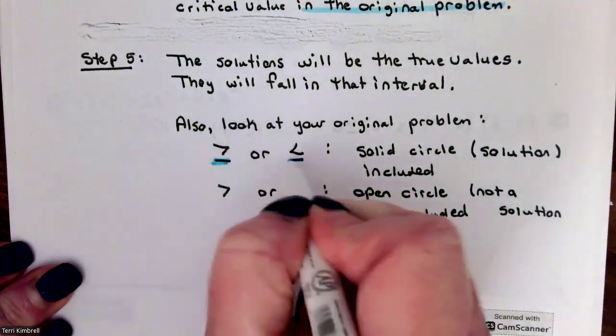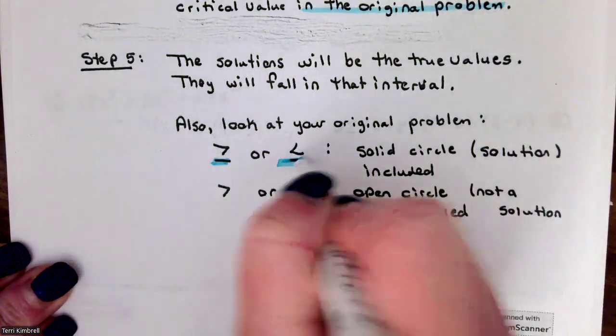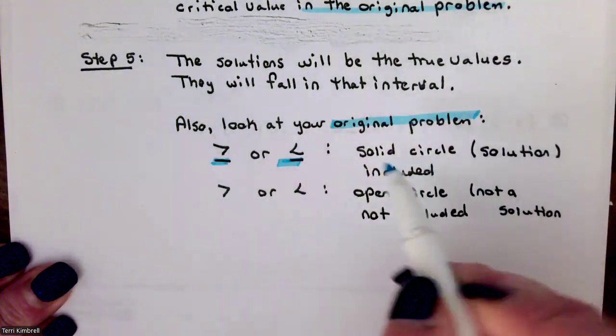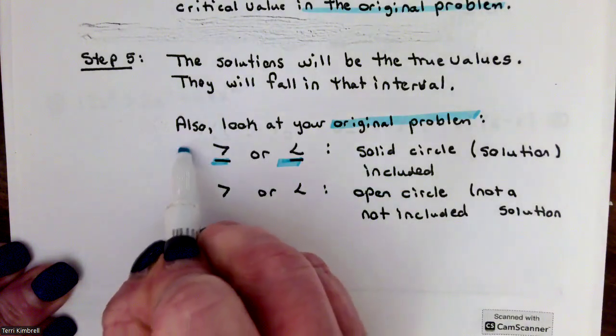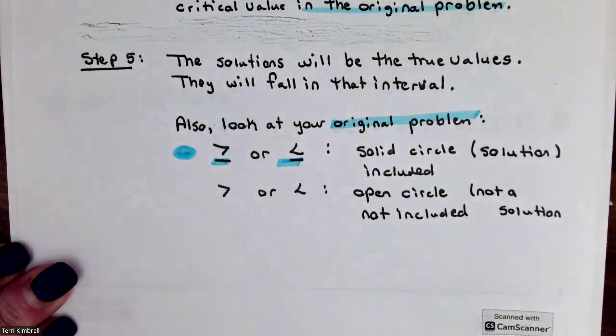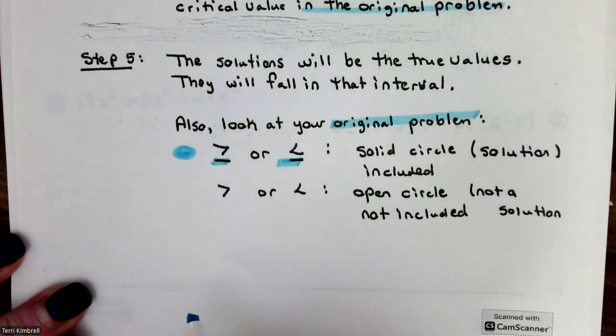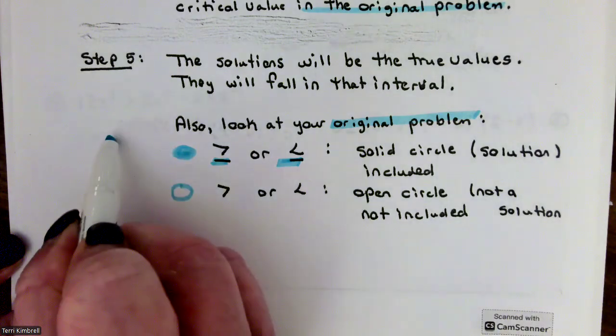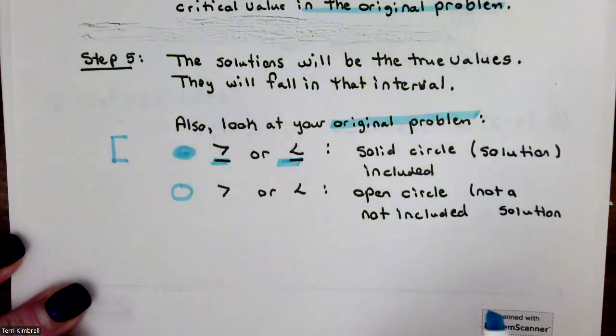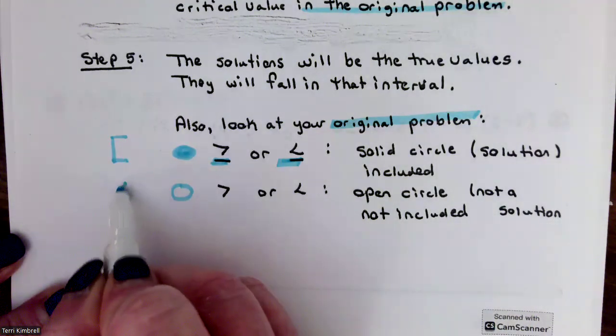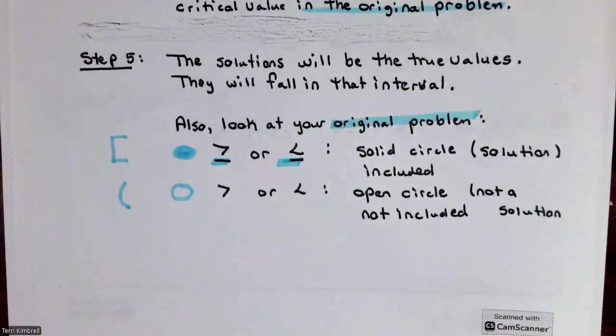So if it is equal to the original problem, you're going to put a solid circle, which means that it is included. It is part of your solution set. If it doesn't have the line underneath it, it's going to be an open circle, which means it is not included. If it is included, remember that you put a bracket. If it is not included, you put a parenthesis.